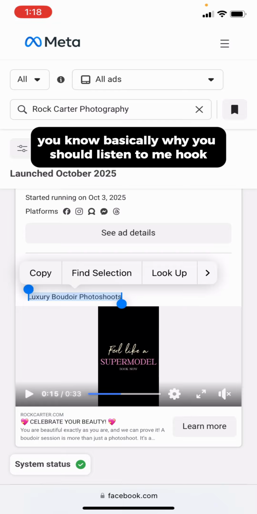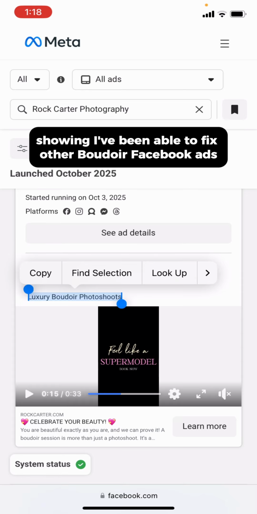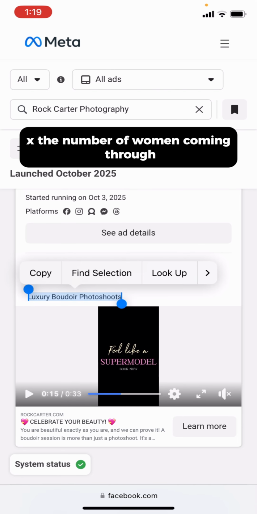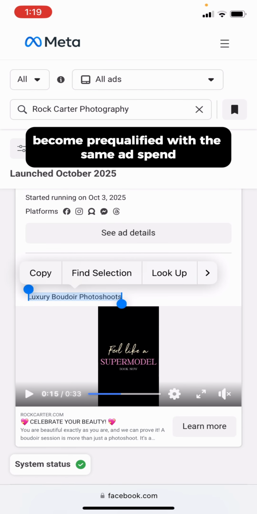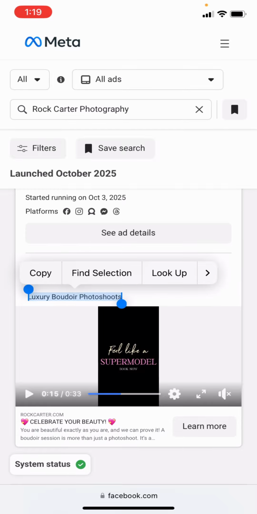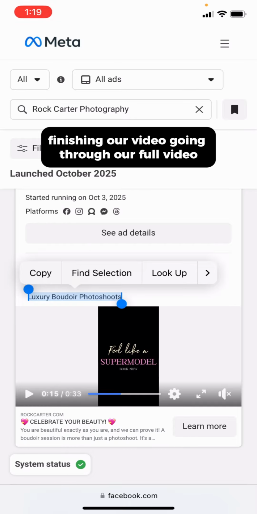Basically a why you should listen to me hook, which is actually what I did at the beginning of this video, showing I've been able to fix other Boudoir Facebook ads, been able to get 2 to 4x the number of women coming through, consuming the ad copy, becoming pre-qualified with the same ad spend. So there's a hook 2, an authority hook, a why you should listen to me hook. So we're missing that here. So we're going to have fewer women reading our full ad copy, or finishing our video, going through our full video.